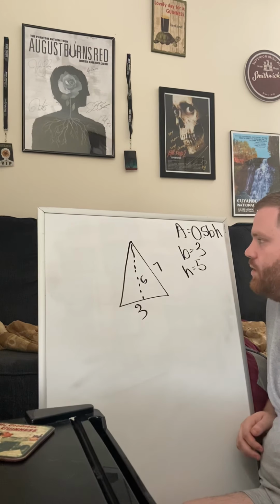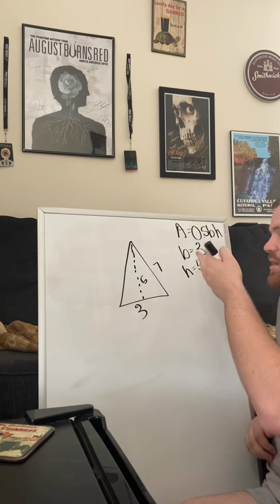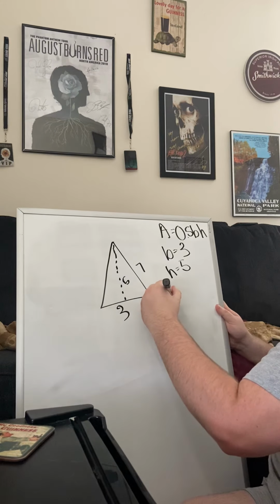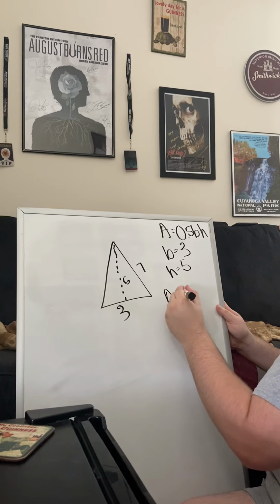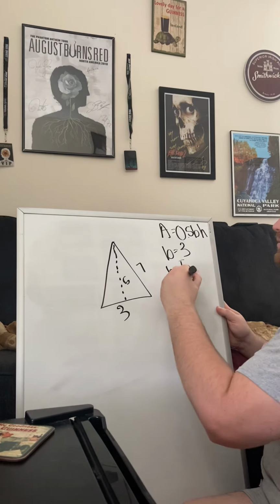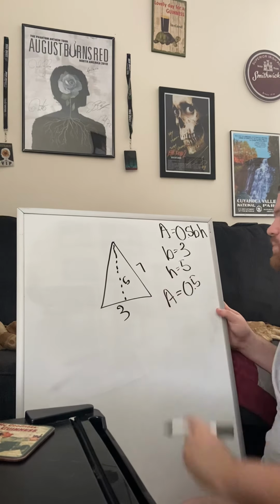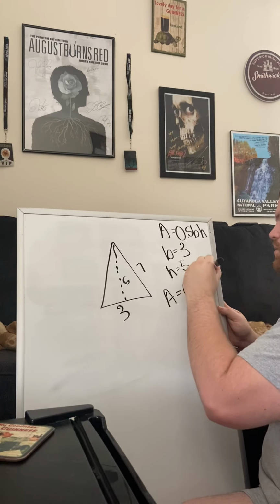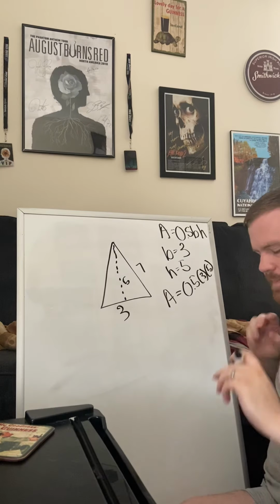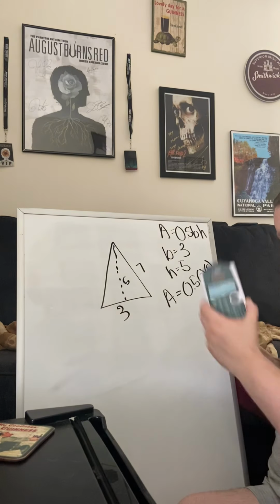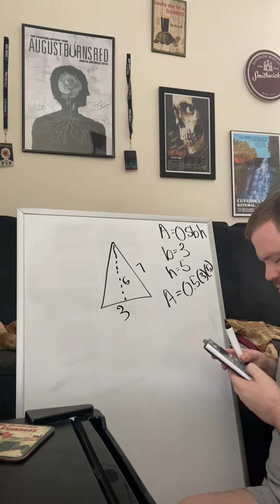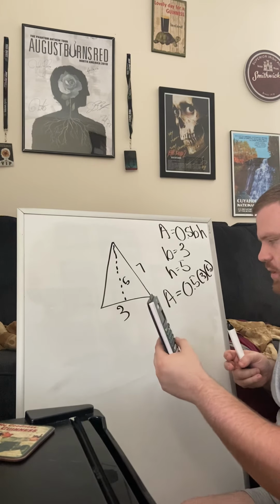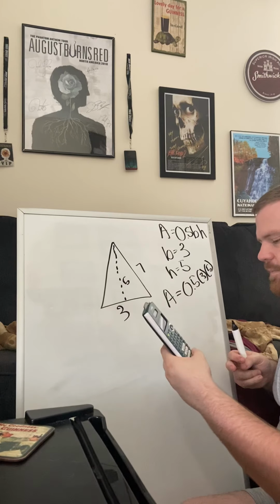Okay? So all I've got to do is take this information that I found out and plug it into the formula. So I have area equals 0.5 times 3 times 5. So I'll plug that into my calculator here. 0.5 times 3 times 5.